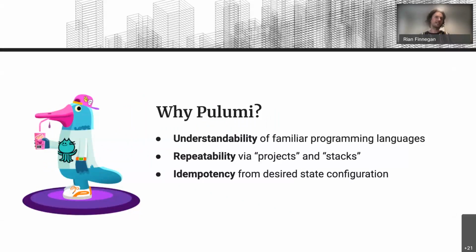Pulumi is understandable because when we read it, it's written in programming languages that we usually can understand, like Python, JavaScript, or Go. It has this property of repeatability via these concepts of projects and stacks. And I'll go into that in a moment on how they work. And it achieves idempotency in the same way that Terraform does via a desired state configuration methodology.